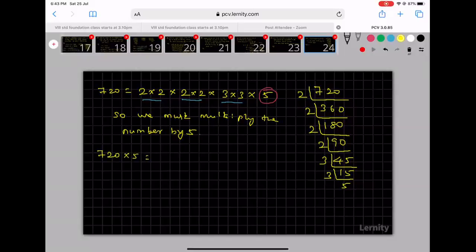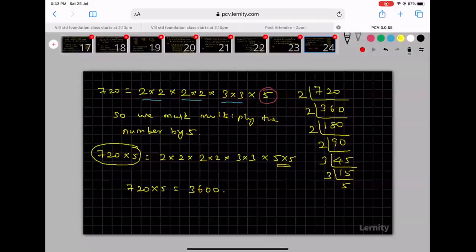On the left hand side I am multiplying with 5, so on the right hand side also I am going to multiply with 5. Then I will get the pair. So here I will get the perfect square. The perfect square number is 720 into 5, which is equal to 3600. This is my perfect square.